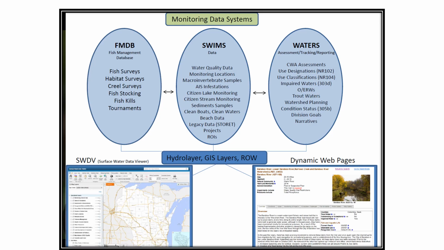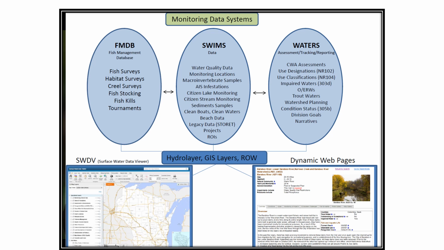This graphic is somewhat out of date, but is a nice illustration of how SWIMS feeds into other important systems. The FMDB in the left oval is now the Fish Management Information System, or FMIS. FMIS and Waters are two other DNR databases that interact or talk to SWIMS, sharing the data that's entered in each.